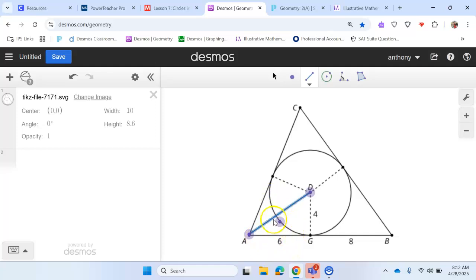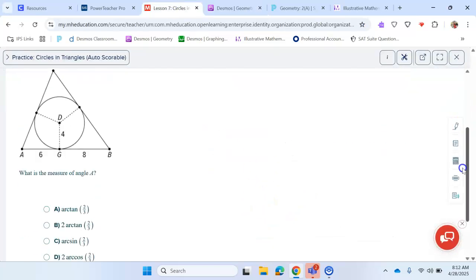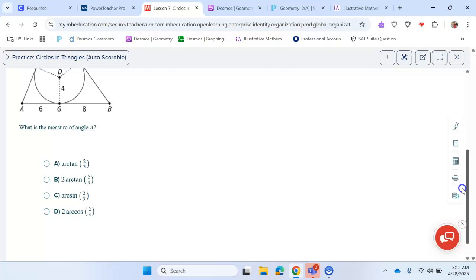And because there's 2 angles, we would have to double it. So, double arctan of 2/3.